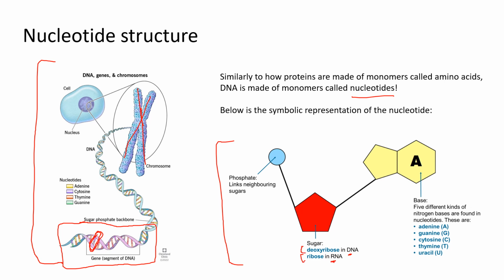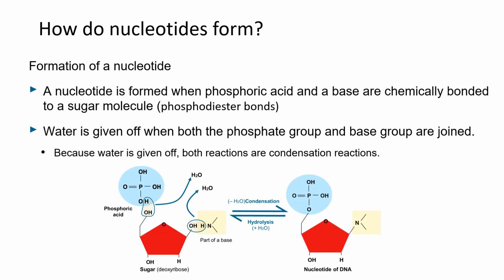So already that's a key difference between DNA and RNA, but all nucleotides have a sugar of some description, and all nucleotides will have a nitrogenous base. Depending on what nucleotide it is and whether it is RNA or DNA, the base is going to be different. There are 5 potential bases, and we'll talk about what those are and when they come up a bit later on. But you will need to be able to recreate this generic structure with the phosphate, the sugar, and the nitrogenous base.